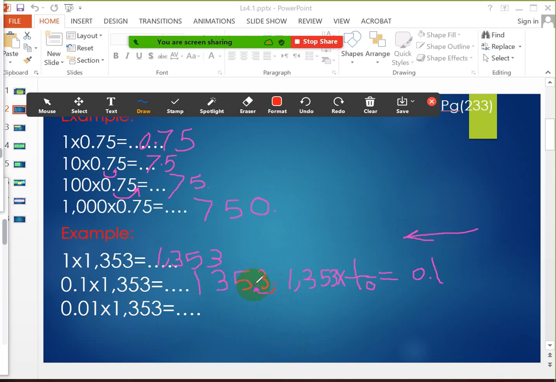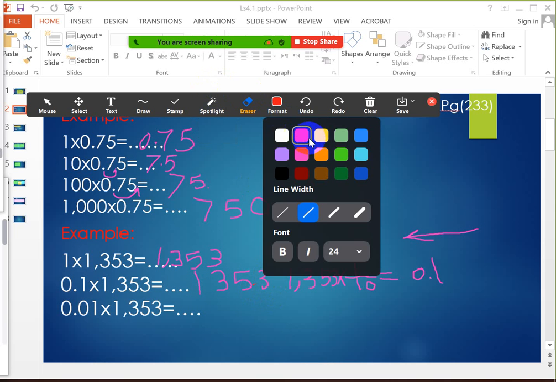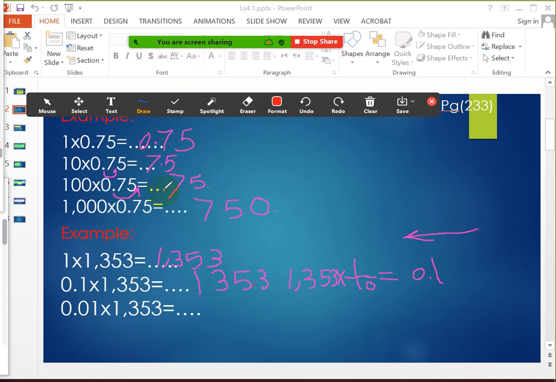So the number will be what? The number will be 135.3, tenths, sorry, 0.3 tenths. Okay?